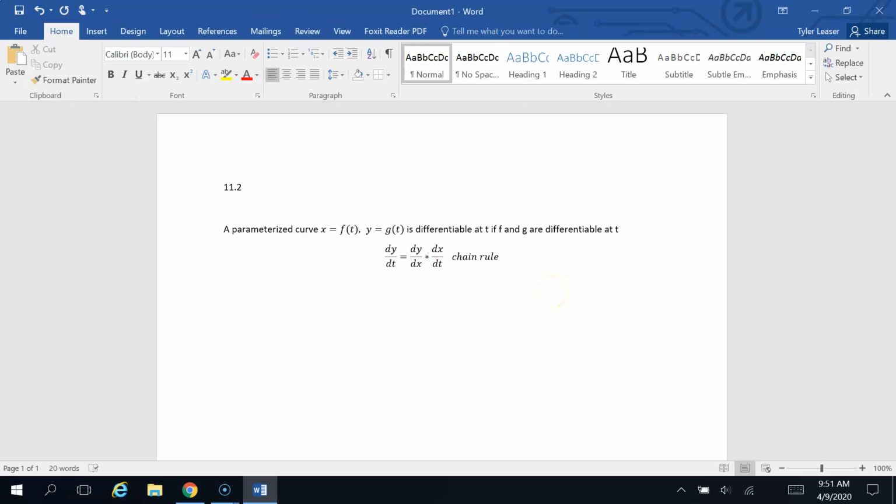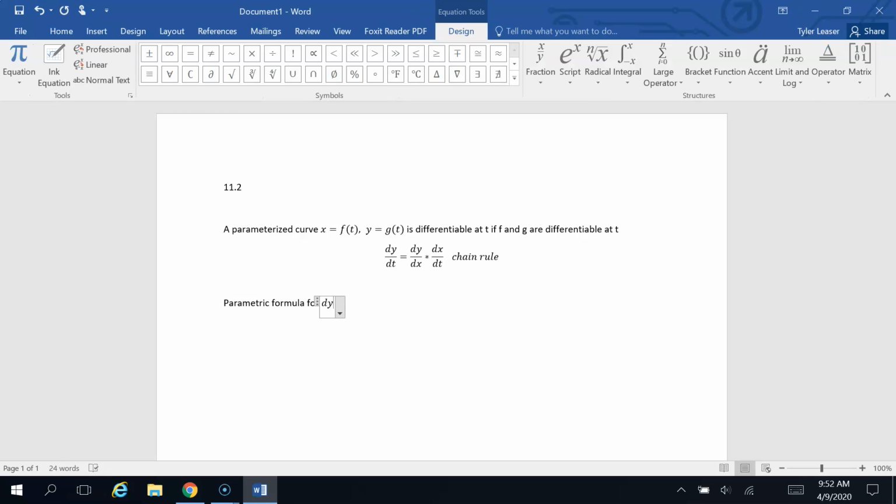All right, so we'll do some examples of that in just a second, but we need to rewrite this a little bit because that's kind of ugly. So this leads us to the parametric formula for dy/dx. Of course, dy/dt is useful because it tells you how the vertical aspect of the particle changes with respect to time. dx/dt would tell you how the horizontal aspect changes with respect to time.